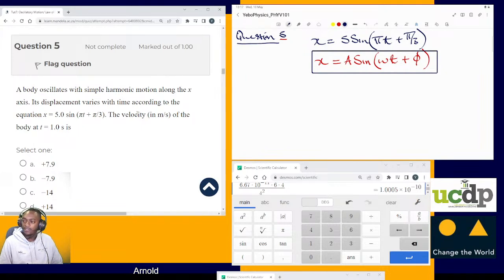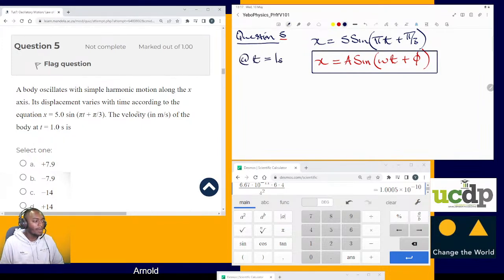Our phase angle is pi t plus pi over 3. The question is asking us to find the velocity in meters per second of the body at t equals 1 second.